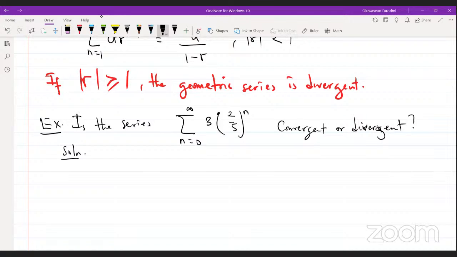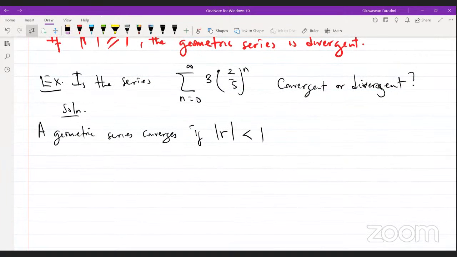Now keep in mind, guys, that a geometric series converges if the absolute value of the common ratio is less than 1. And then we can also find the sum, which is given by a divided by 1 minus r.